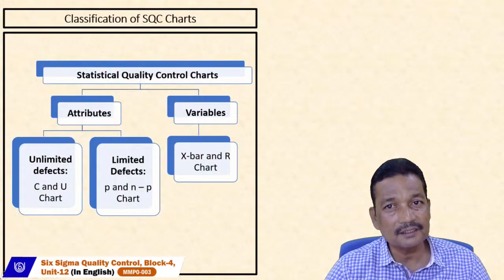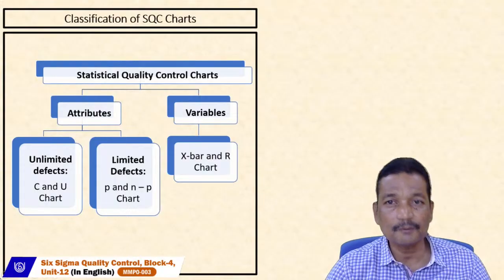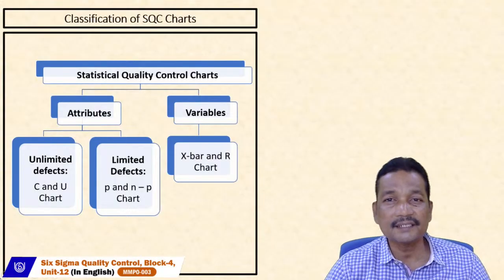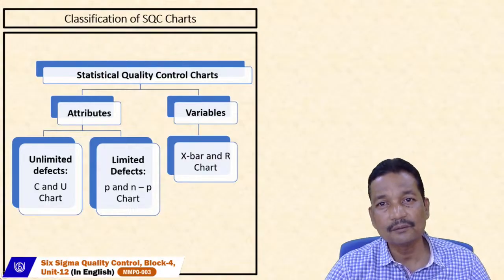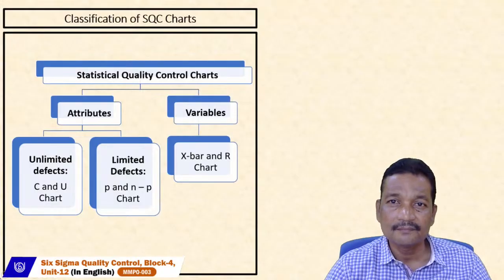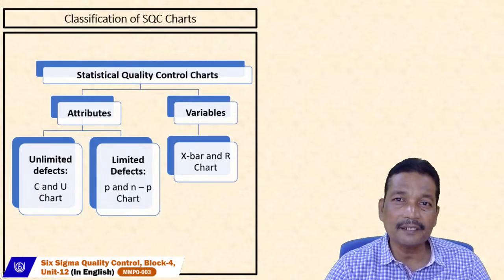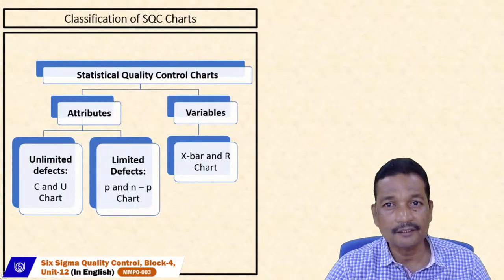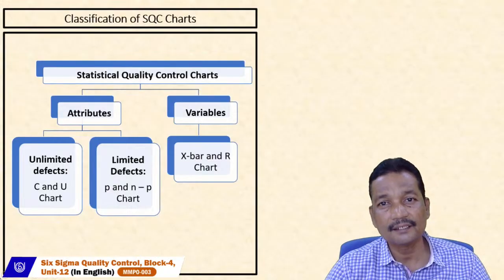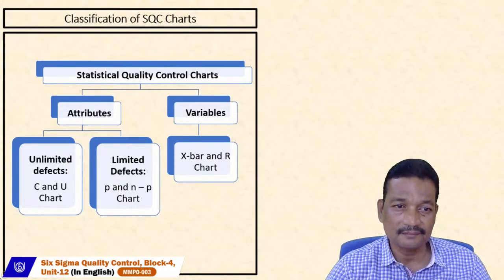They will give the same answer. Suppose 10 centimeter length and 5 centimeter width, and the answer will remain constant. It is measurable. So anything that can be measured is called a variable.